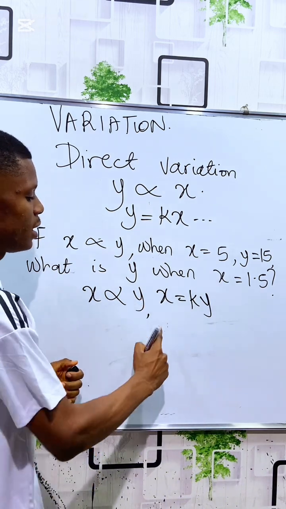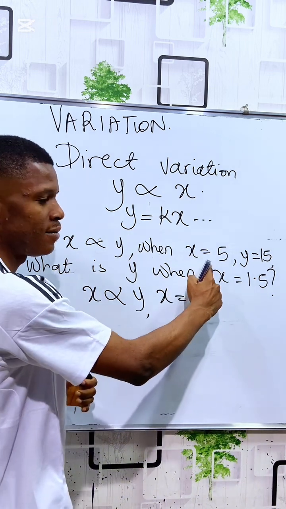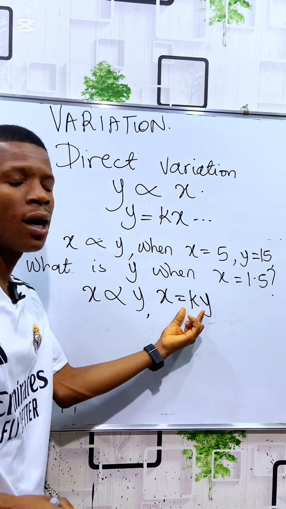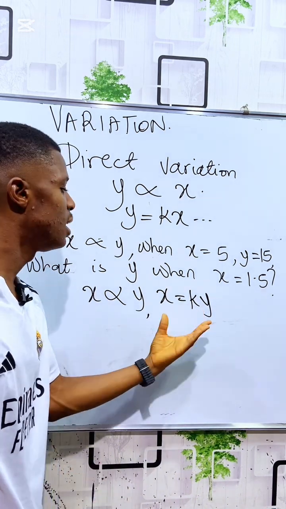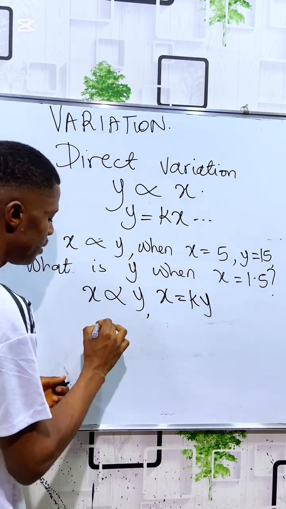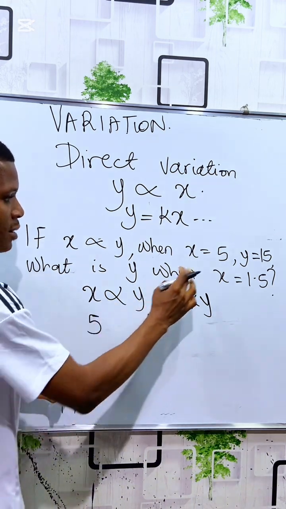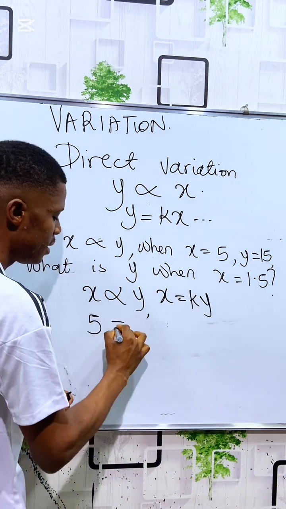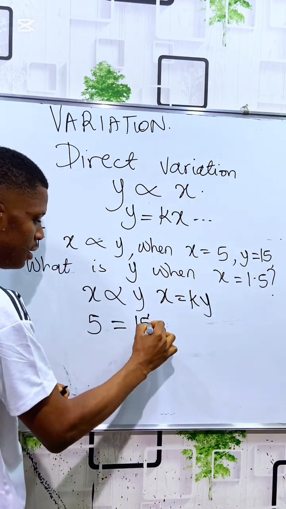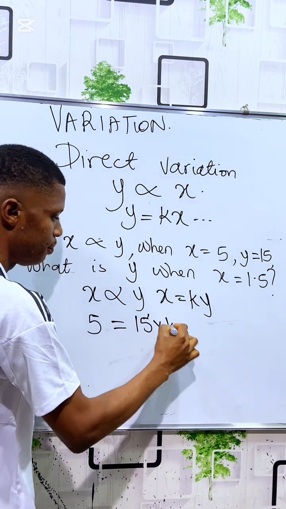So you can now see that for the first statement, x is 5 and y is 15. So we are going to work out the constant of proportionality in the relationship between x and y. We'll plug in the value of x to be 5, as said here, and it is equal to y, which is 15, times the k.